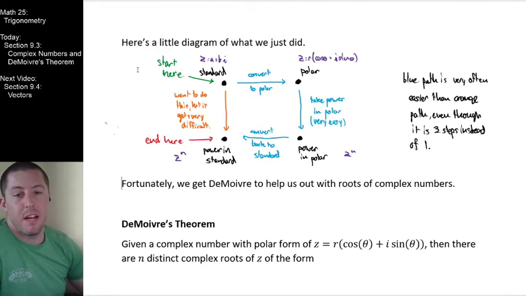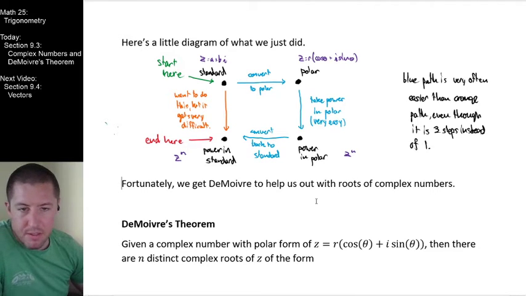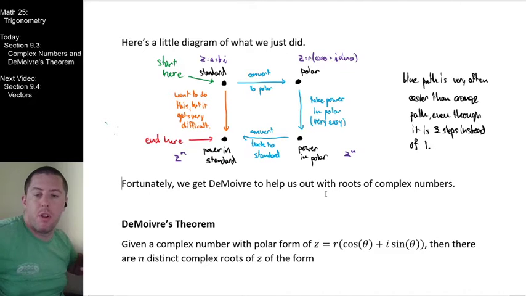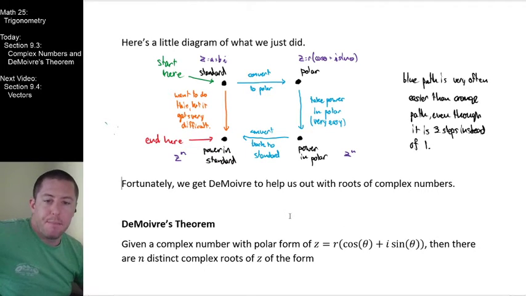So even though it's 3 steps instead of 1, it's the easier way to do the math. So typically this is the encouraged route: convert to polar, take your power in polar using our very simple power rule, and then convert back to standard.